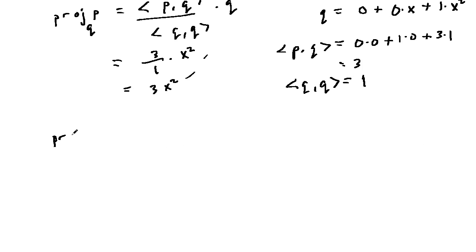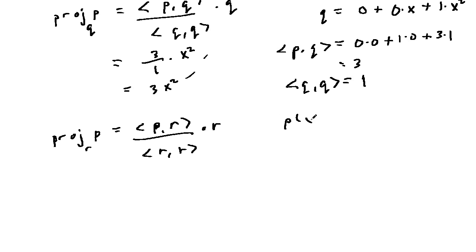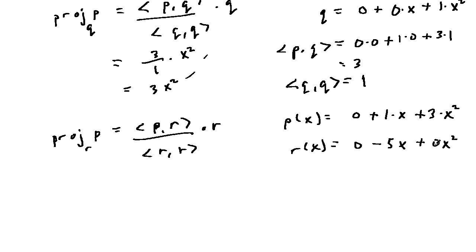So now let's find the projection of P onto R. Using the formula for projection, we get P inner product with R, divided by the inner product of R with itself, times R. Let's rewrite P and R. R was just negative 5x, so that's 0 minus 5x plus 0x squared.